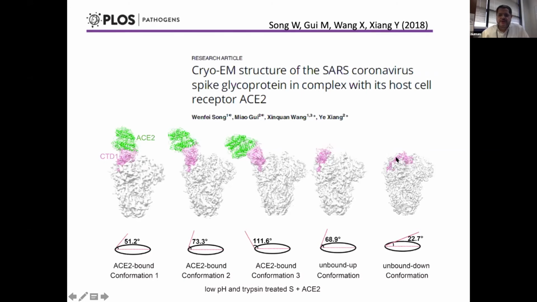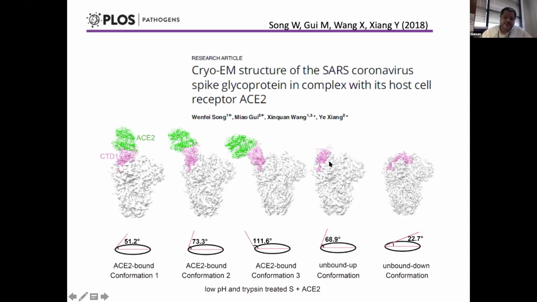In pink is the receptor binding domain on one monomer, and in green is the ACE2 receptor on the cell surface of the host. If you go from right to left, you see this RBD domain is in the down conformation here, while it's in the up conformation here. At the same time, you see that ACE2 is binding only to the up conformation of the RBD.